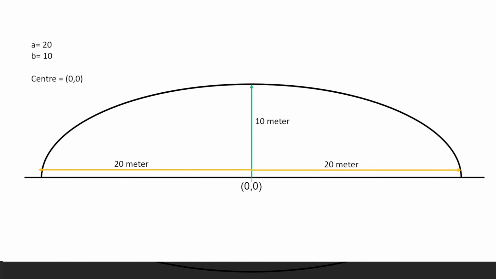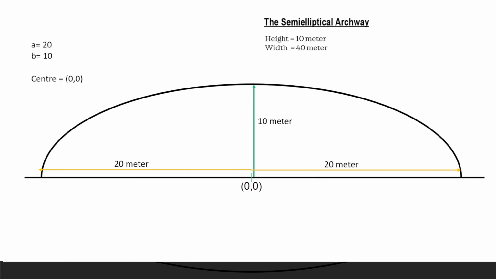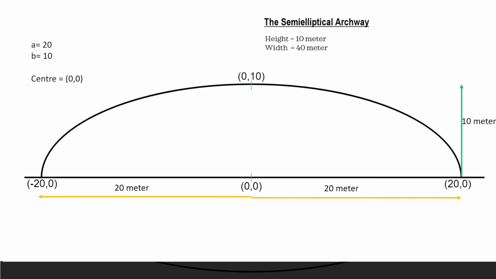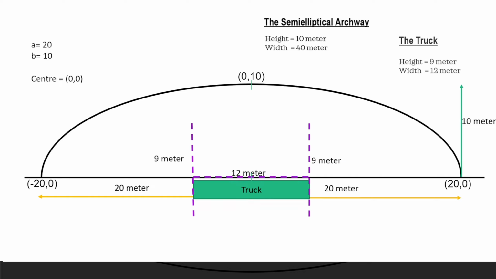Now we assume that the center point is the origin, which is (0, 0), so that we can know the minor axis endpoint is (0, 10), and we can also get the major axis endpoints, which are positive and negative 20, from the width of the archway 40 divided by 2.